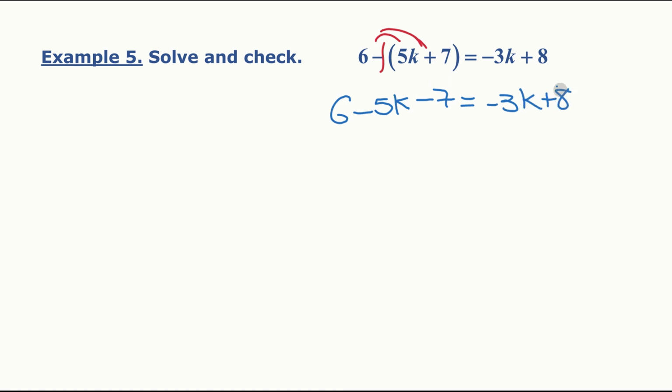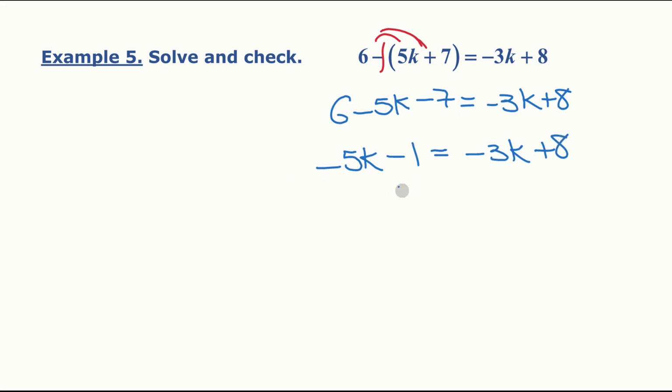Remember, simplify, separate, solve. We're in the simplify phase right now. We're still in it because we can now combine these two terms here to get -5k minus 1 equals -3k plus 8.